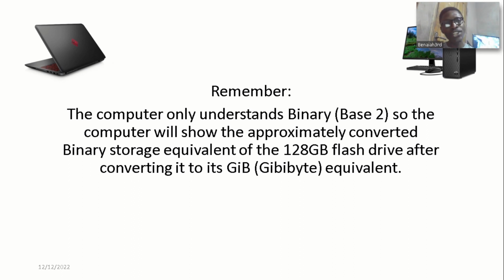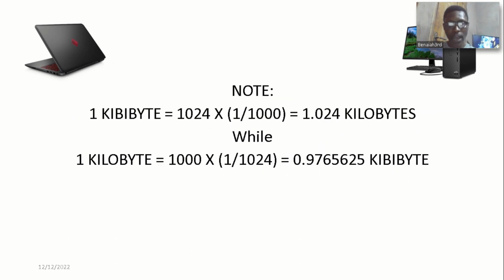So the computer will do its conversion with 1024. The manufacturers of the flash drive, the conversion rate they used is by converting it with 1000. That's why you have 128 gigabytes. But when you do your conversion with 1024, see what we have.